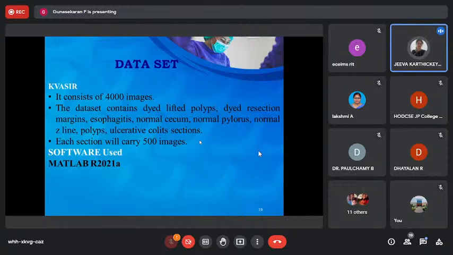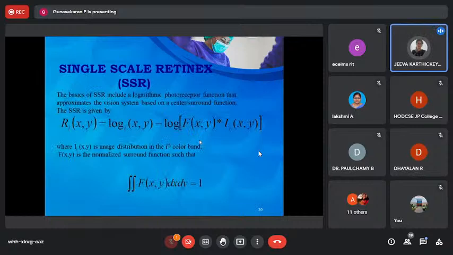The 8 sections have images of various conditions like dyed lifted polyps, dyed resection margins, esophagitis, normal cecum, normal pylorus, normal Z line, polyps, and ulcerative colitis. Each section has 500 images. In this proposed method, I am using one of the images from the polyps section, and I am using MATLAB release 2021a for this project work.